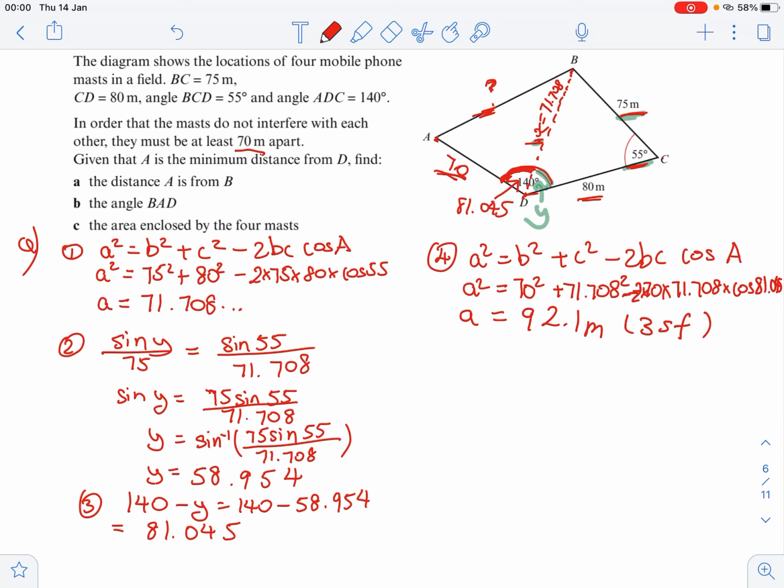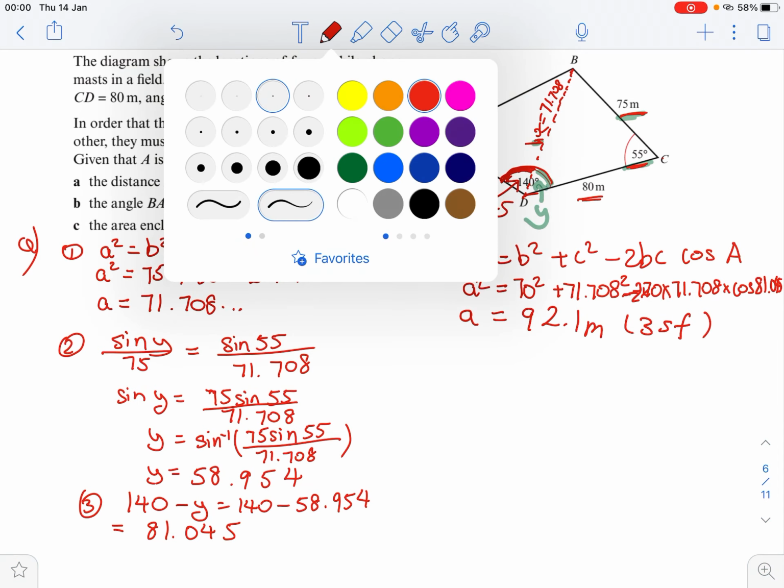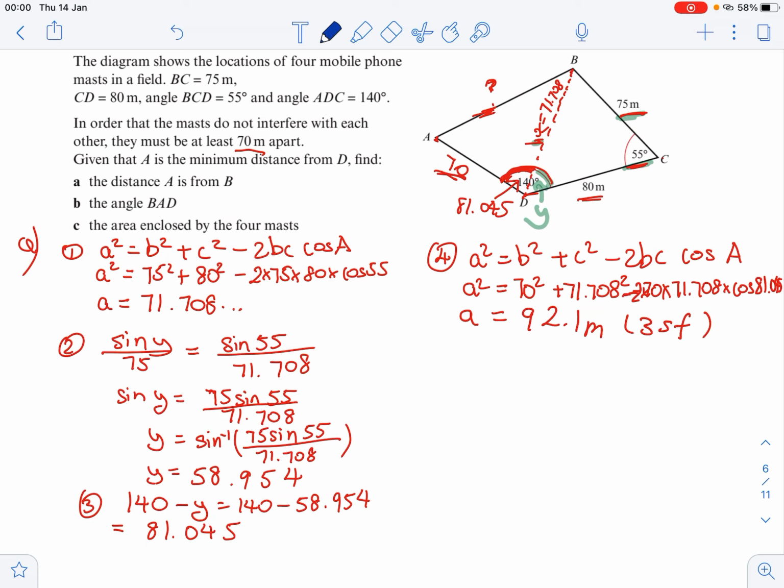So let's look at part B. In part B, we want to find angle BAD. So this is the angle we want to find.